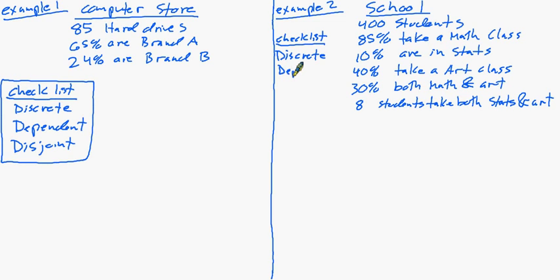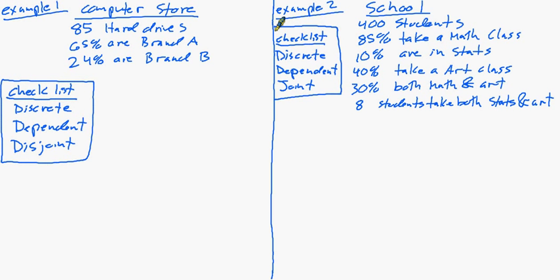So this will be dependent. Now, joint or disjoint? We already know, actually: can you take both math and art? Yes, we're actually given that information. So this is the joint example.